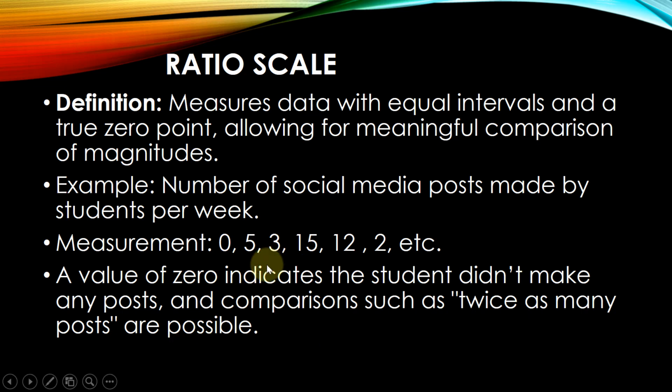We can compare, for example, if we want to compare 3 and 15, then we can say that the response 15 is 5 times more than 3, or 3 is one fifth of 15.